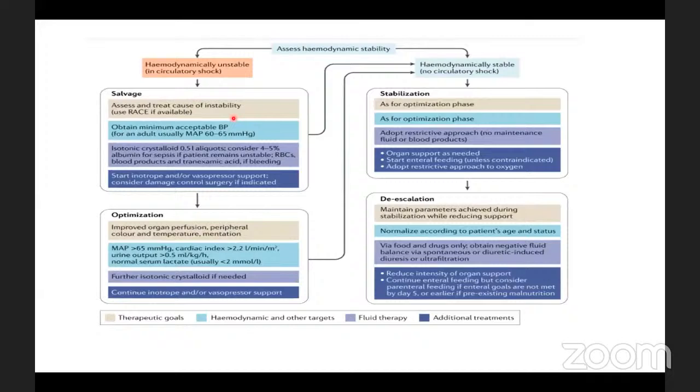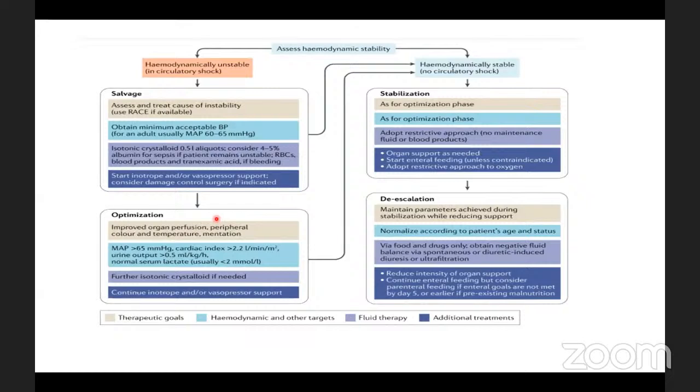Once it has been achieved, they give patients crystalloids, and they also recommend early initiation of inotropes. Once that has been achieved, in the optimization phase, your goal is to improve organ perfusion, which you're going to be using clinical parameters to assess. Your targets are going to be MAP above 65, cardiac index, urine output, and normal serum lactate.